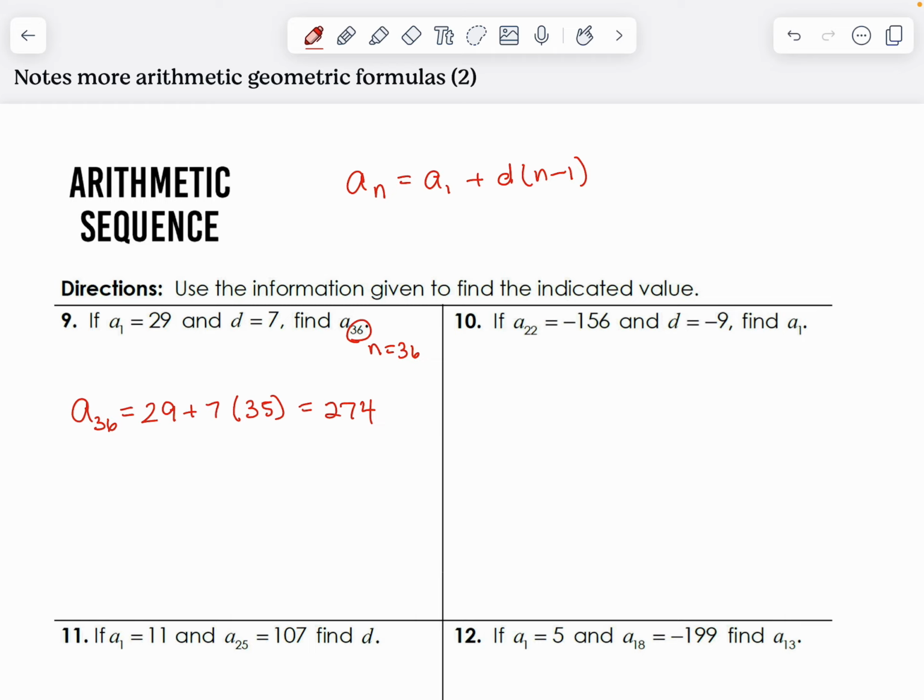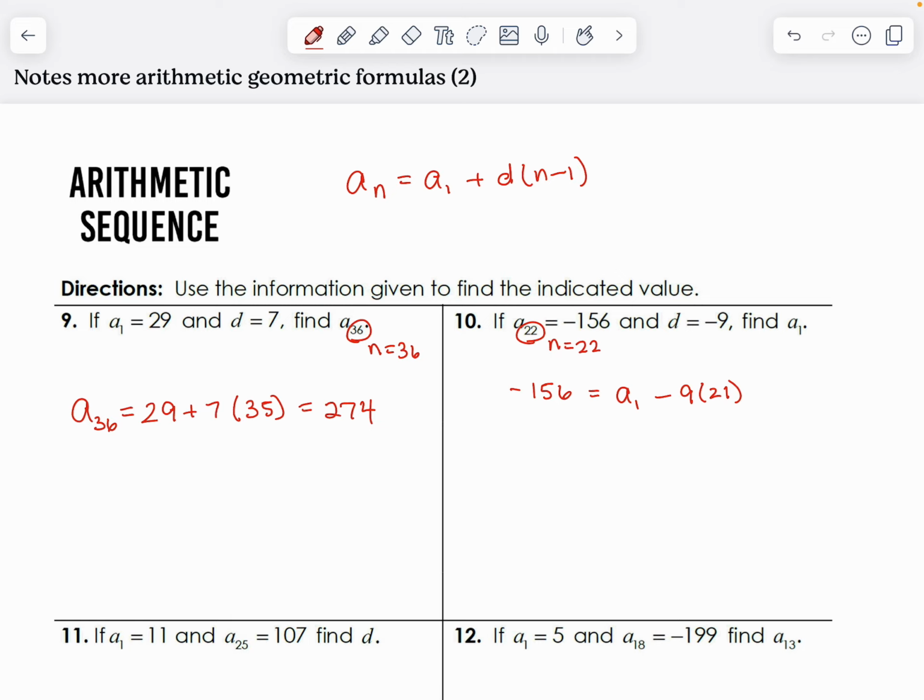If a sub 22, meaning the 22nd term, is negative 156, and the common difference is negative 9, find the first term. So in this case, you know the outcome is negative 156. You know the first term is just a sub 1, so there's our variable, plus, or in this case, minus 9 times, and we actually have our n value of 22, so this is 21 because it's n minus 1.